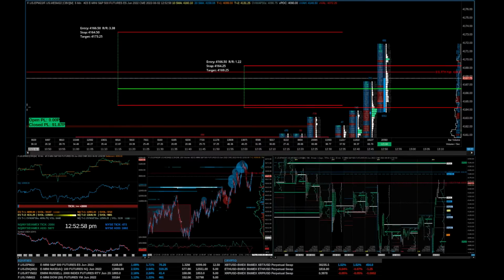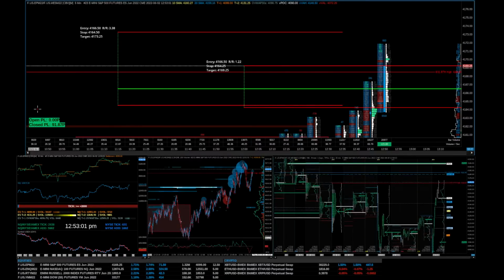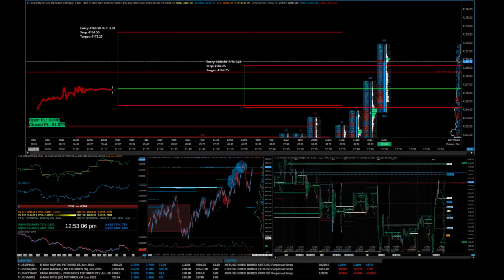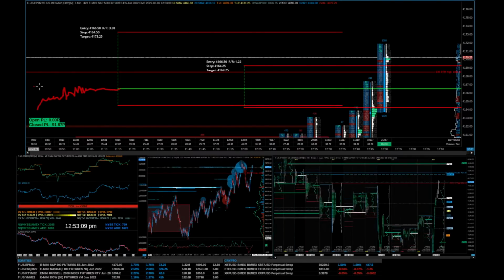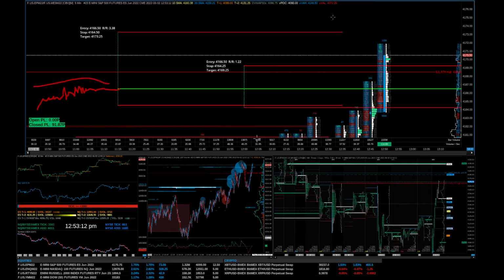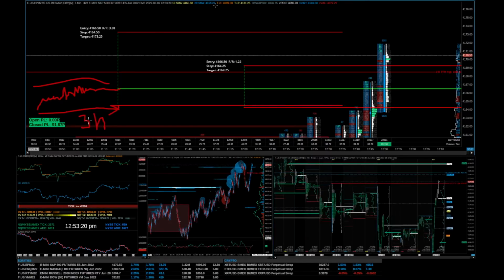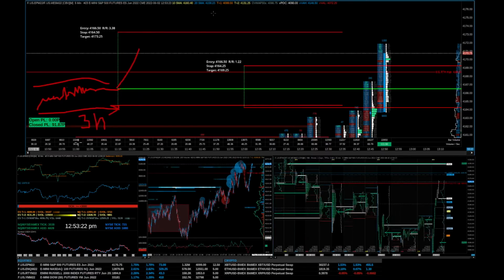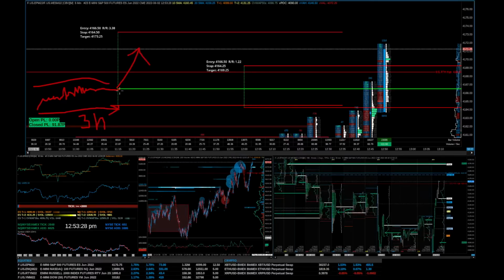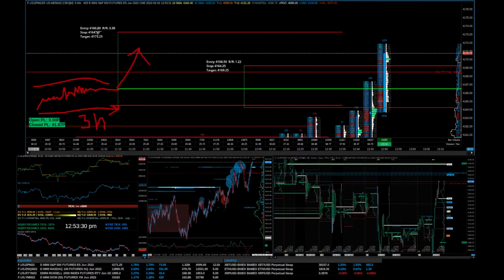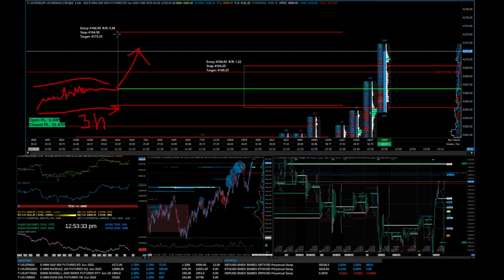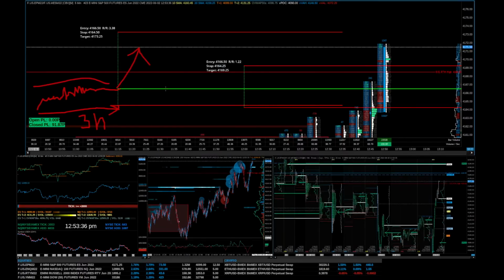If you're going to, let's say this move here represents 3 hours of time, from here to here, and you're counting on a continuation trend day, you might be able to get, if this stop loss is say 15 points, this 4-hour trade to work.